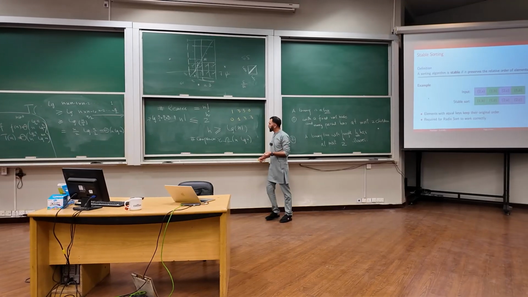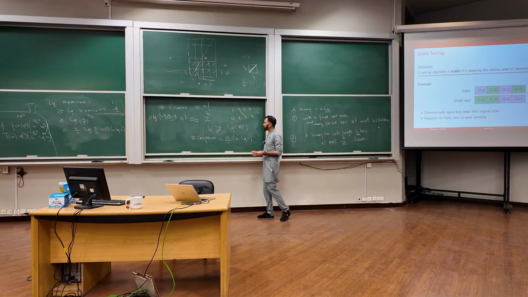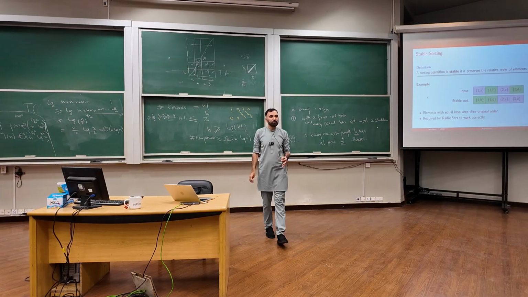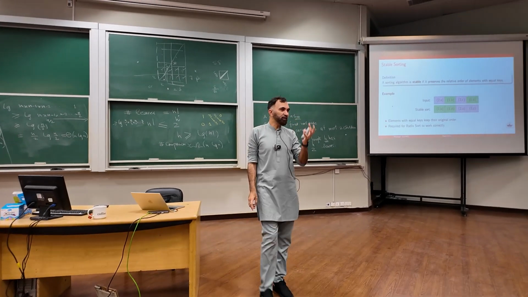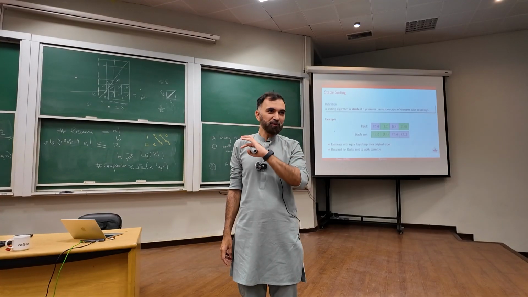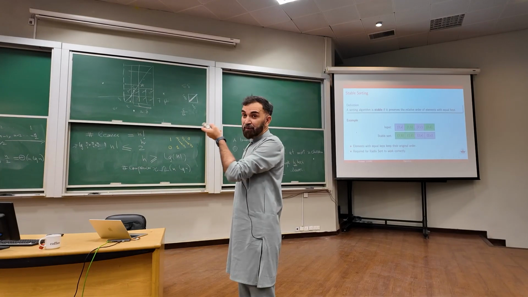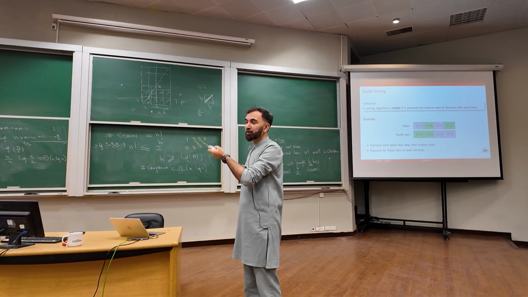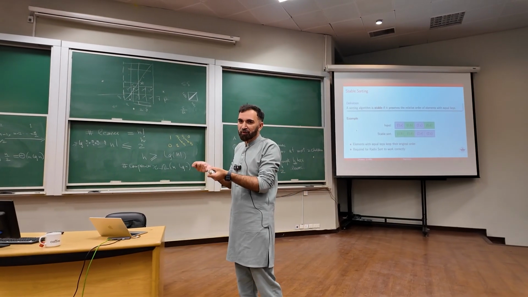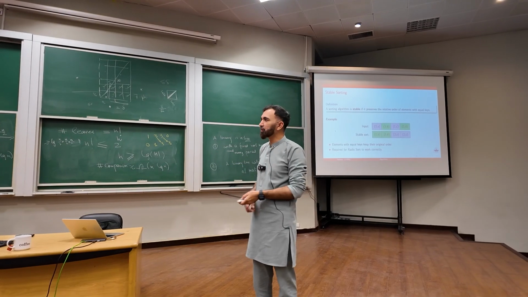But a stable sort makes sure that this is the 3 that came first, and this is the 3 that came second. It does not change the order of elements whose keys are equal. This turns out to be important at times. At times you cannot guarantee this. Your sorting algorithm is not stable. It cannot guarantee that keys which are equal will come in the same order. But at times you can, and for something like Radix Sort, that becomes important.